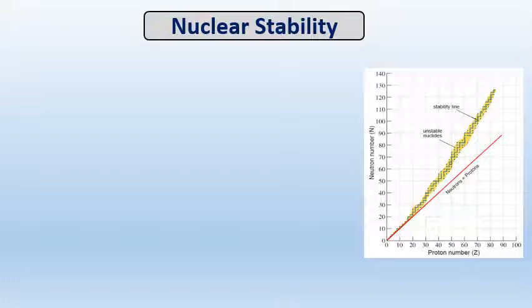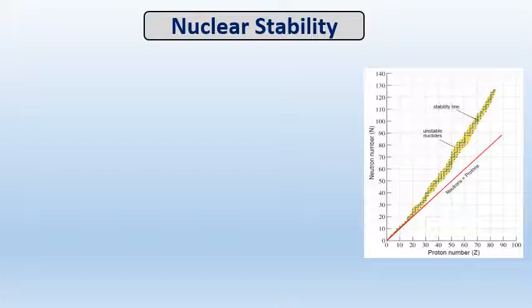Here in this diagram, the relation between the number of neutrons and the number of protons is shown. This ratio determines the stability of the element.